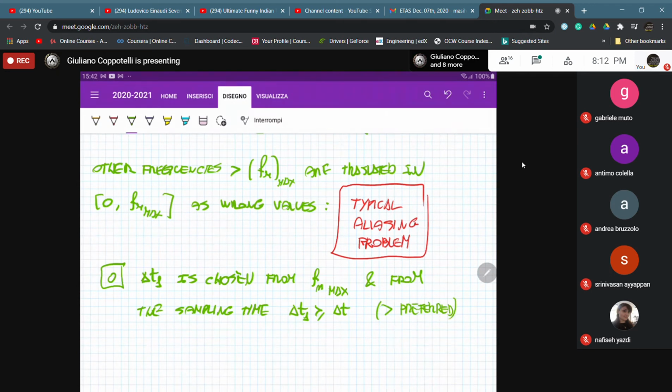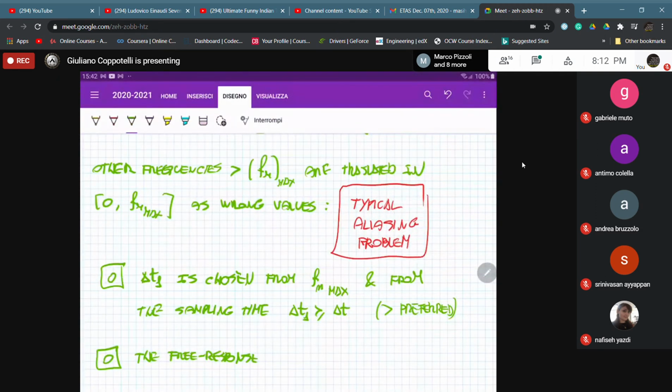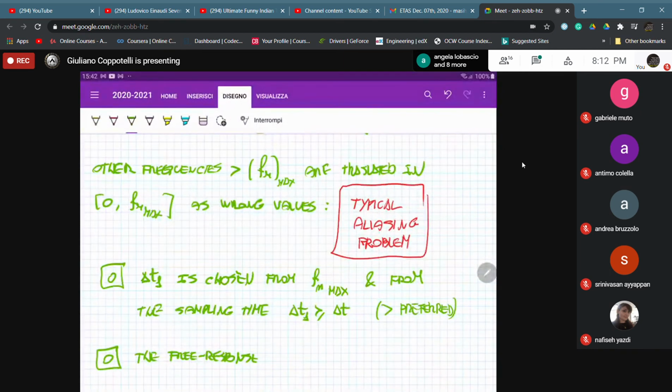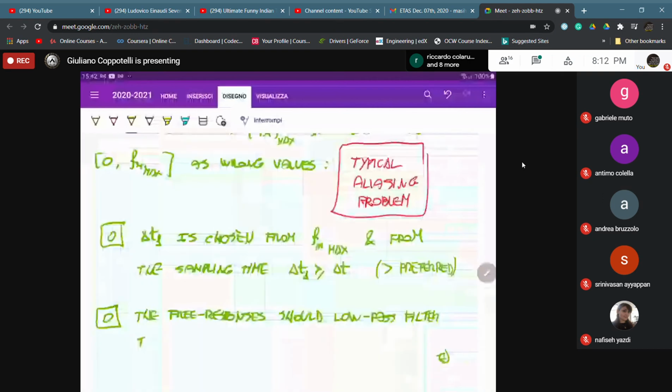Then the second output is that the free responses should be low pass filtered to remove aliasing.